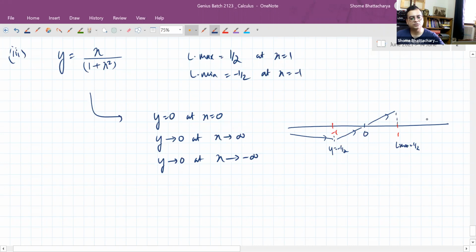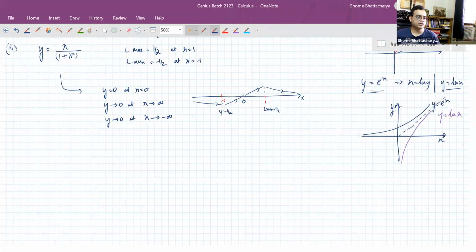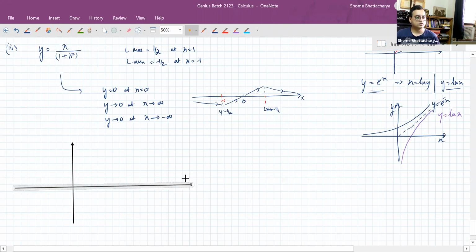And then after this, it drops because it has to go to 0 as x tends to infinity. So putting together that information, we can see that this function will have this kind of a nature.